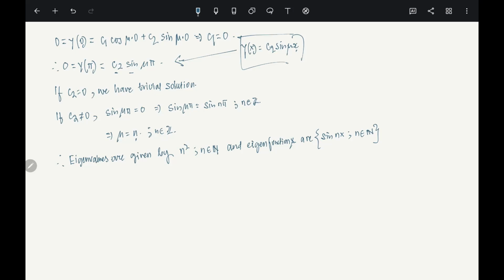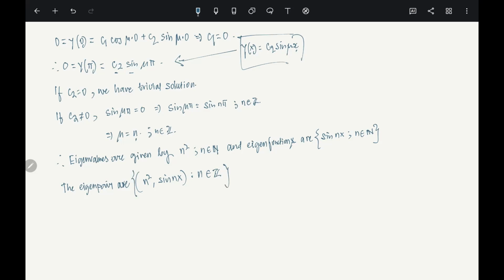So you see, these are the things, right? Essentially what we can say is the eigenpair. What is an eigenpair? An eigenpair is the eigenvalue with its corresponding eigenvector or eigenfunction. So the eigenpair is, let's just write it as, n square, sine of nx, n is in Z, I think that will be more appropriate.